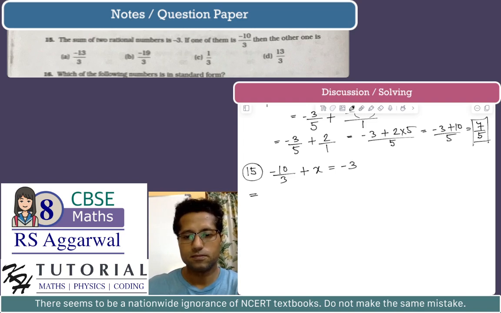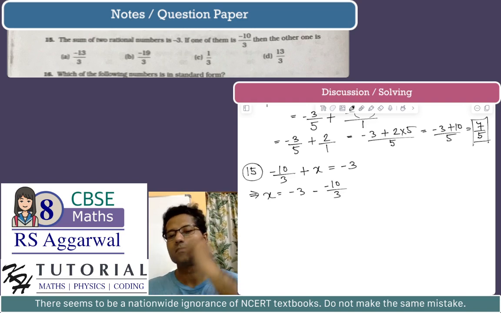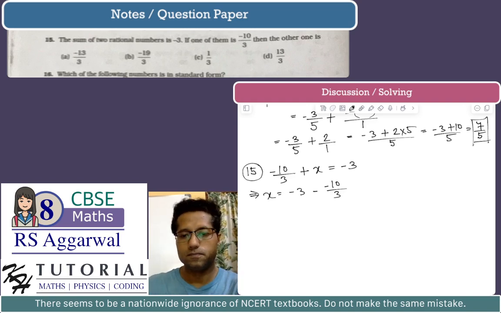So this implies x will be equal to minus 3 minus of minus 10 by 3. So this is equal to minus 3 plus the additive inverse of minus 10 by 3, that is minus of minus 10 by 3.